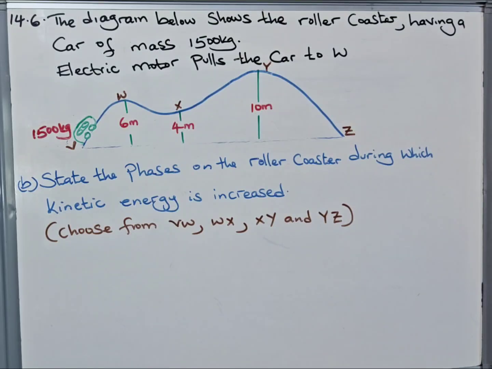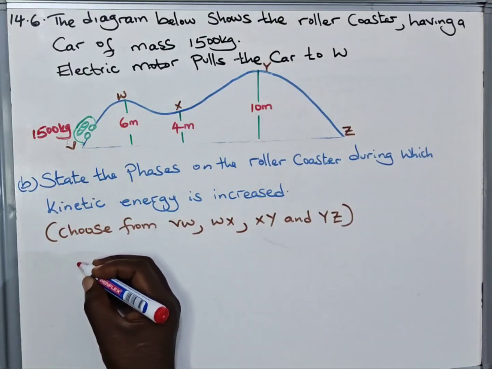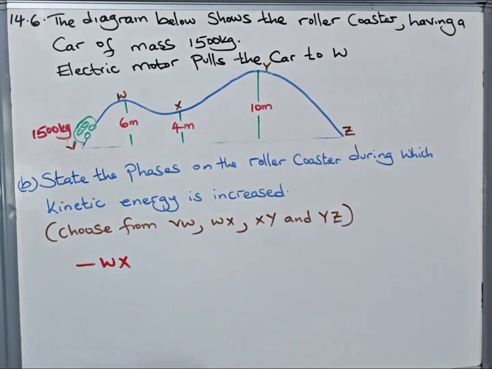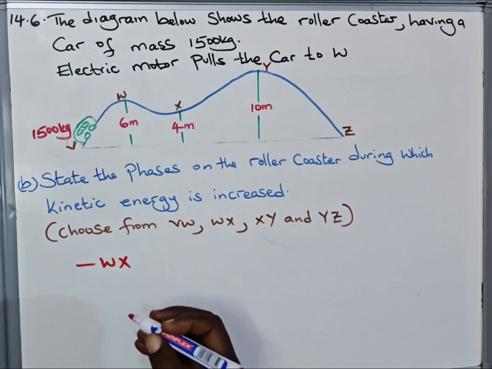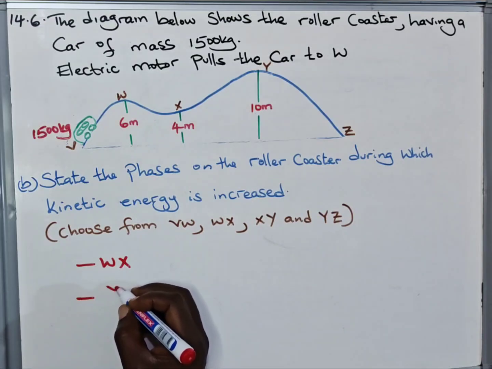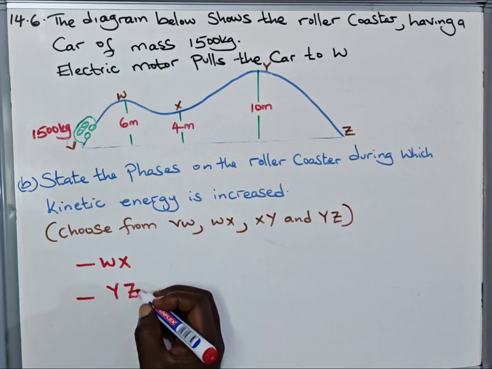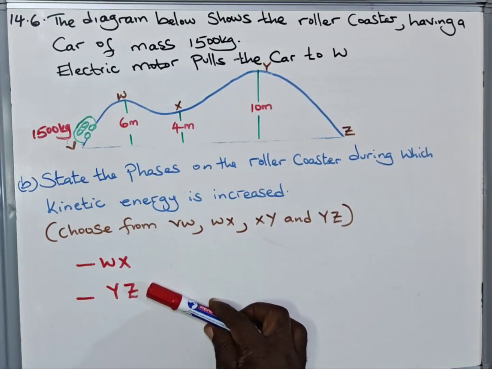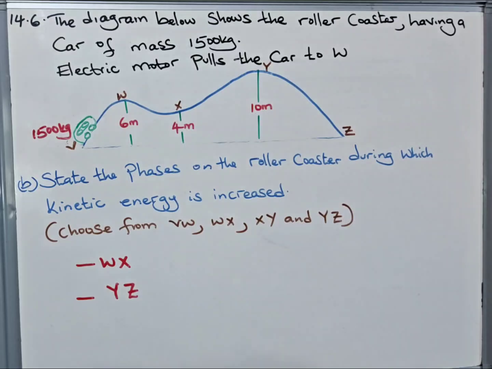So which phases are representing that? The phases are 1, W, X, and 2, Y, Z. During these phases, potential energy is converted into kinetic energy. So the amount of kinetic energy is increased.